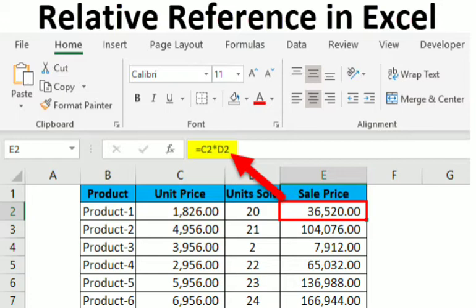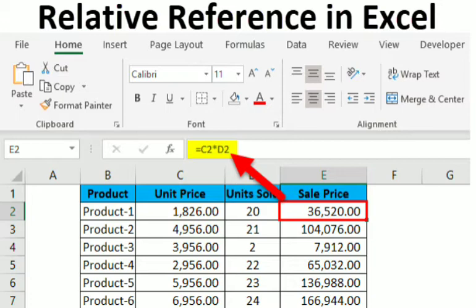In the video, many columns are there with values. The first column is product, which gives the product ID or the product name, in the second column unit price is given, and the third column is units sold. We need to find out the sale price of each item.